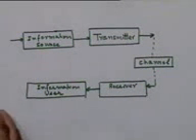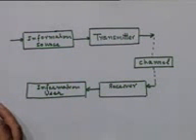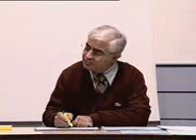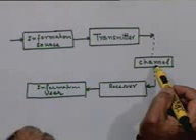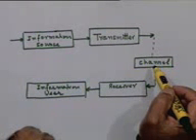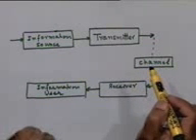As I mentioned earlier, the basic functions of a transmitter have to do with the fact that you have to match the signal characteristics coming out of the signal source with the channel characteristics through which the signal will finally have to be transmitted. Now what do we mean by that?